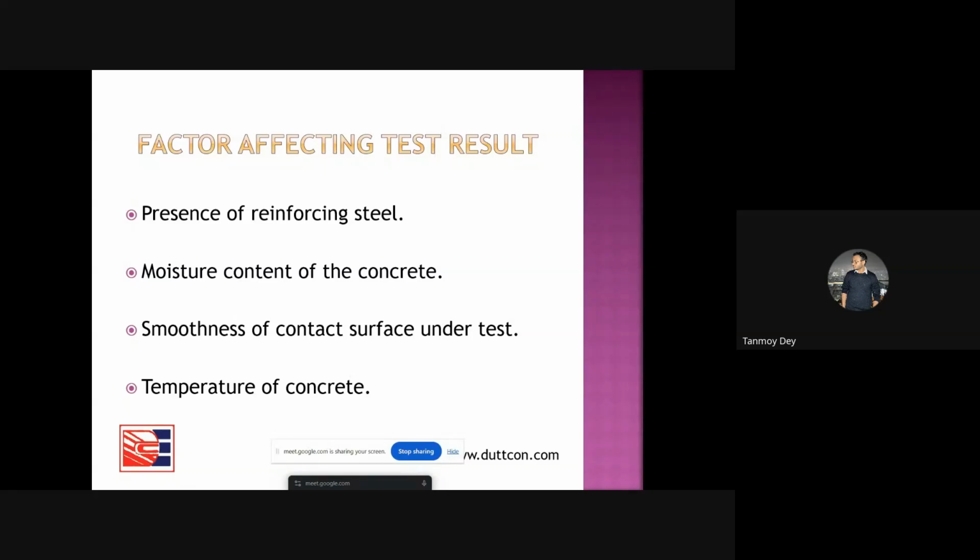Density of the material will vary with the moisture content. Smoothness of the contact helps the sound go inside the structure. If the surface is not smooth enough, all the sound does not get a chance to go through the subject.